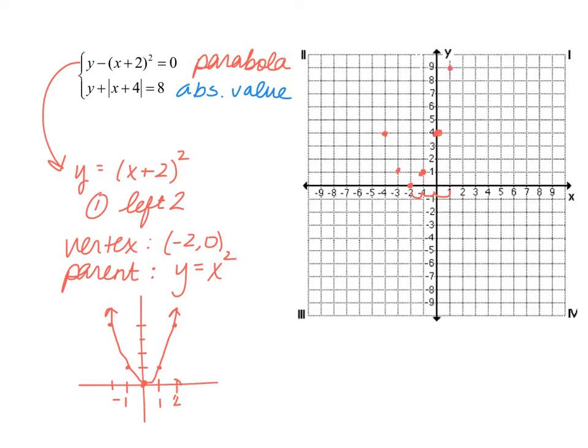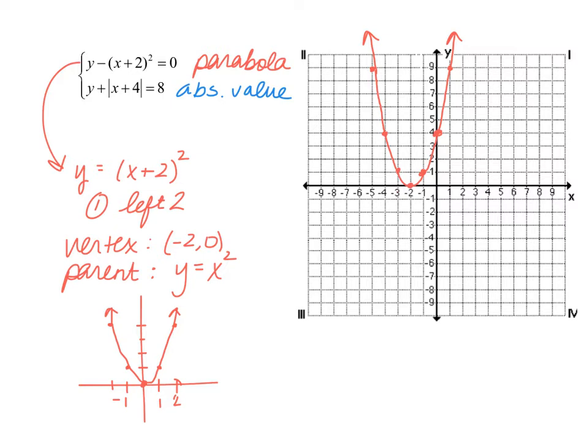And same thing from the vertex, going left 3 and up 9 will allow me to plot those last 2 points on my parabola. So that's just a little review of how I generally have you graph parabolas using the transformations, with the understanding that it's been shifted to the left 2.